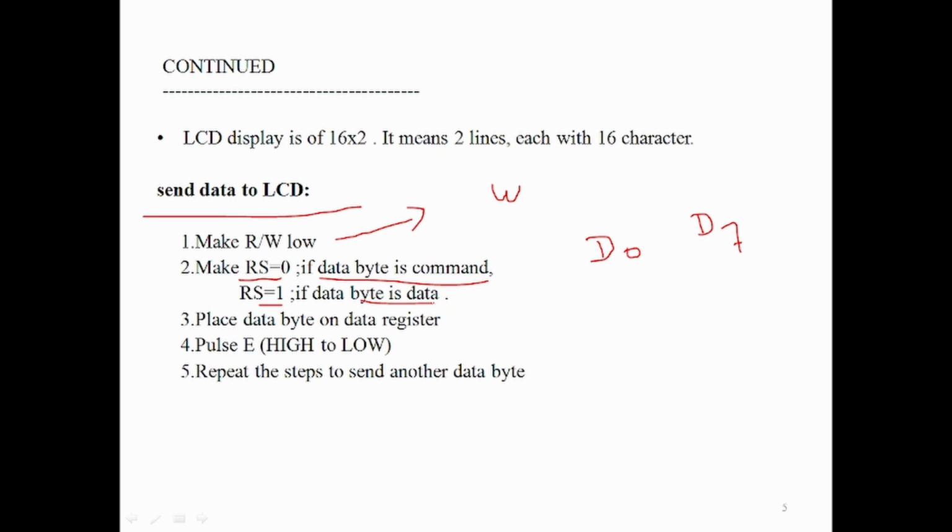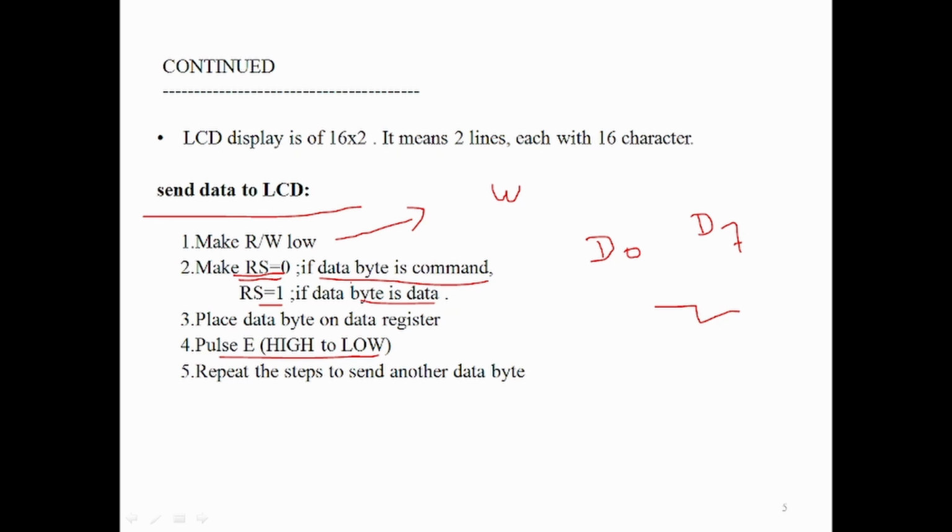Now remember one thing, after each operation you have to give a pulse on E, high to low, right? Remember this, and repeat this step to send another data byte, whatever you want to send. So remember, first make RW 0, then make RS 0, and then write different commands.